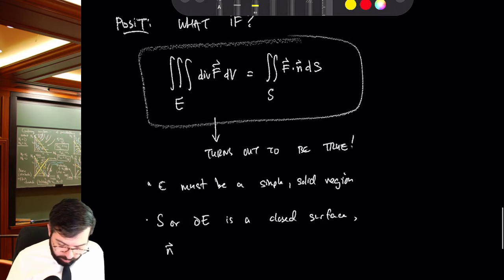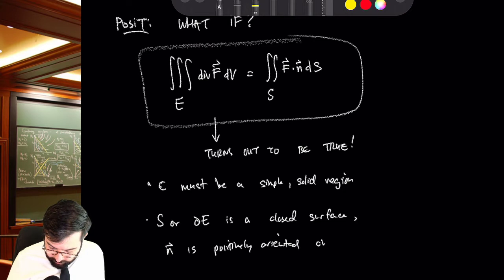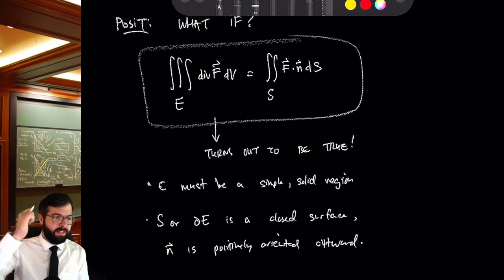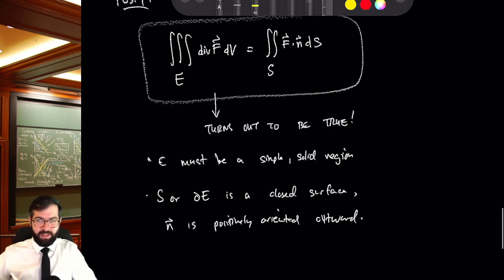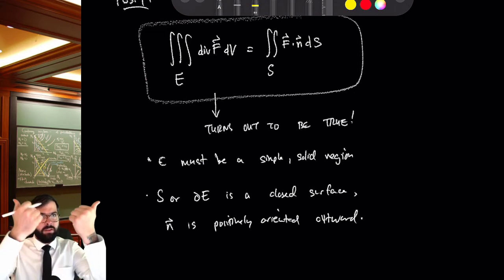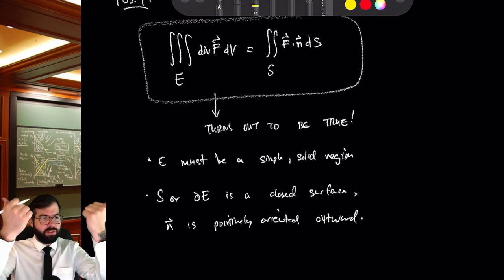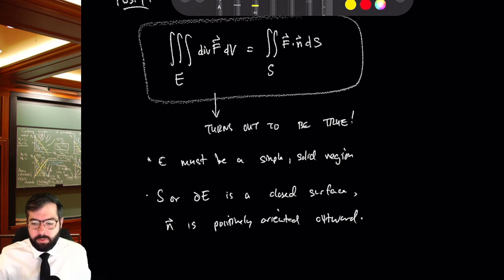And our normal vector n must be positively oriented outward. So we have to keep our handedness going in the right direction. If you're looking at a solid, the normal vector's positive direction is outward, up and out.